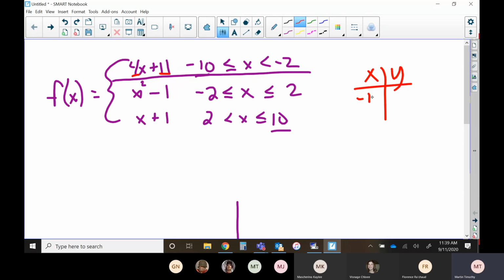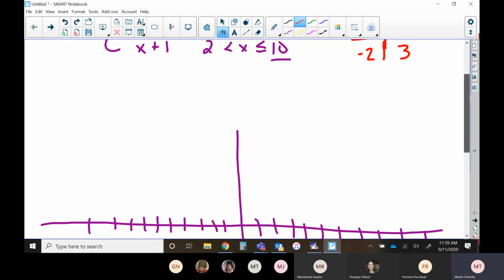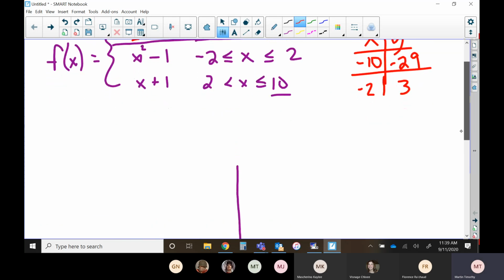I would plug in a -10, and you said we could plug in a -2. I need to hurry up. -10 times 4 is -40, plus 11 is -29. -2 times 4 is -8. -8 plus 11 is 3. Notice that's math. That's not algebra 2.